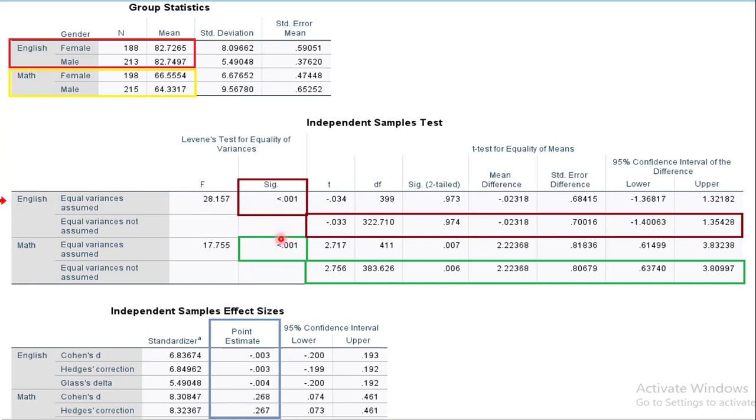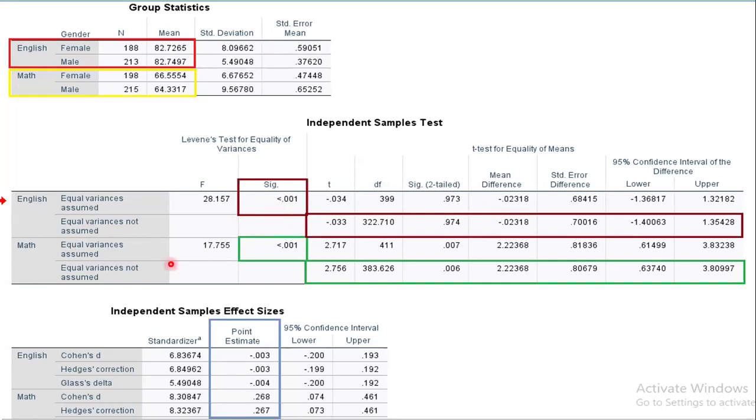In that case, you need to select the t value and the sig value of the second row, not the first row, because the second row is basically equality of variance not assumed. I would like to repeat here, whenever your assumption for equality of variance is violated, you need to select the t value, sig value, and all other values of the second row, because here the assumption is violated.